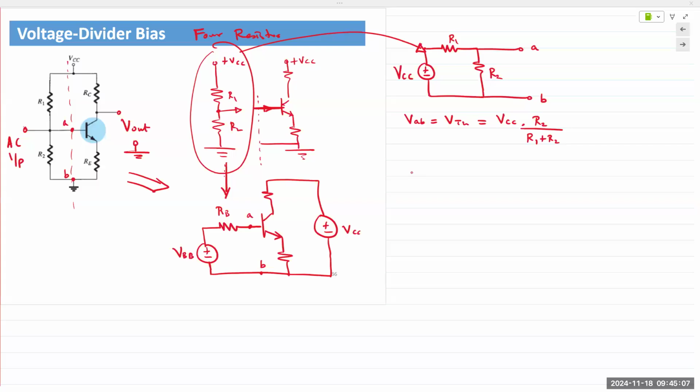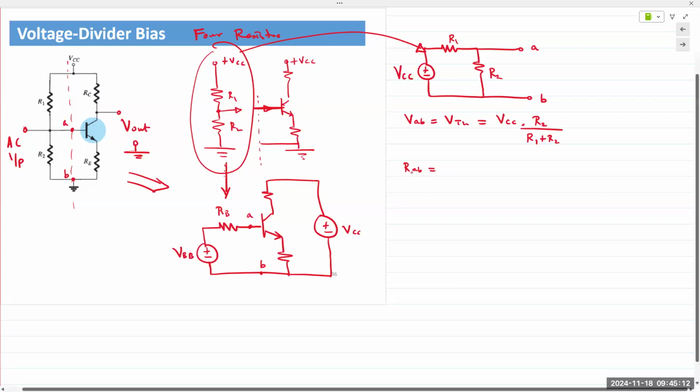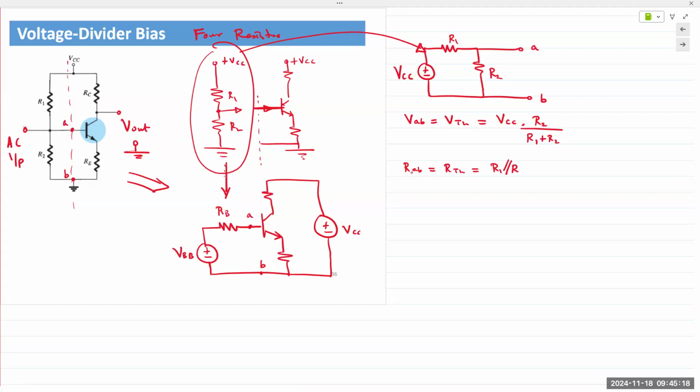And then RAB, the single resistor, would be RTH, the Thevenin resistance. And it would simply be R1 in parallel with R2, so product of the two divided by the sum of the two.